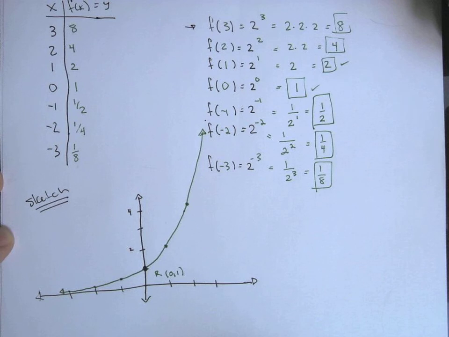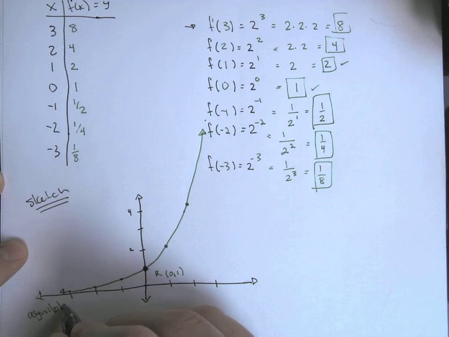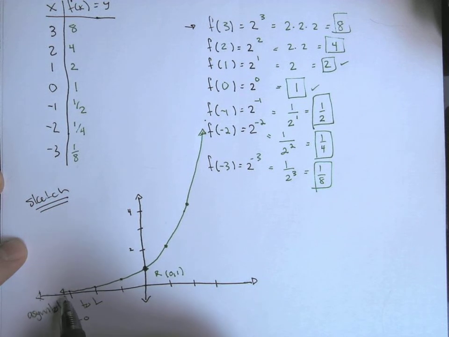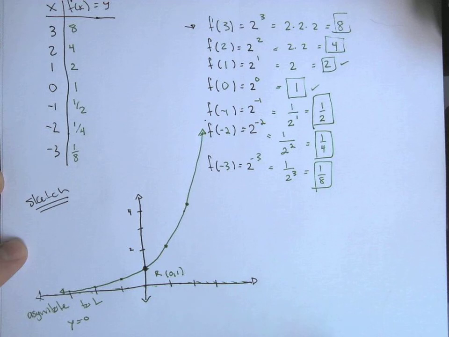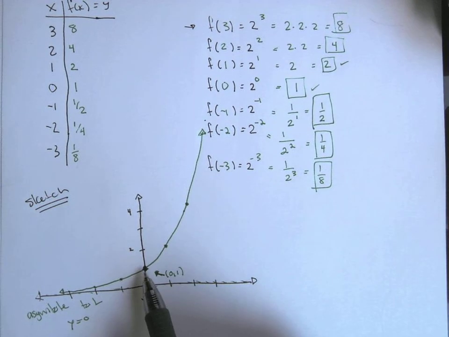We're never going to hit 0, so we have an asymptote to the left at y equals 0. We're flattening out here. If we were graphing this in the homework, we'd put in the full dotted line on the axis as our asymptote. Again, that reference point, our touchstone coordinate, is that 0, 1 right in the center.